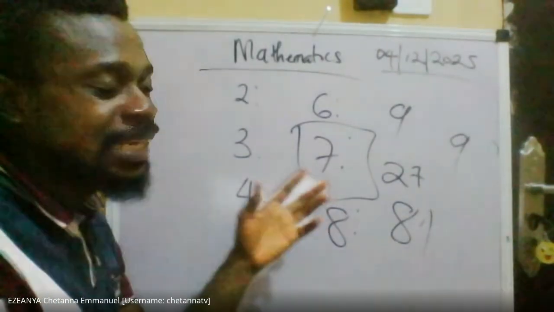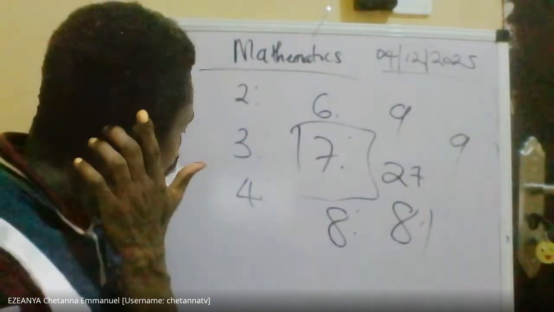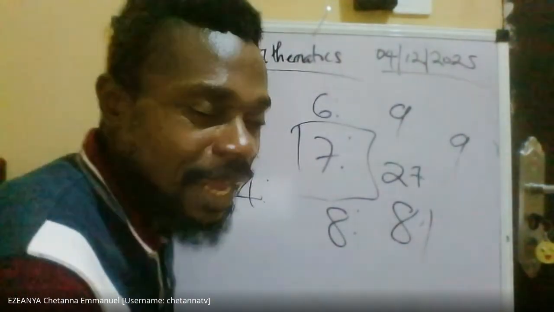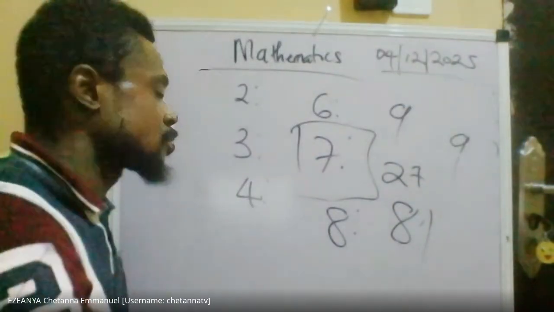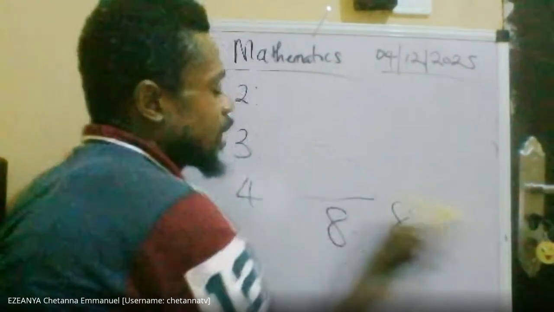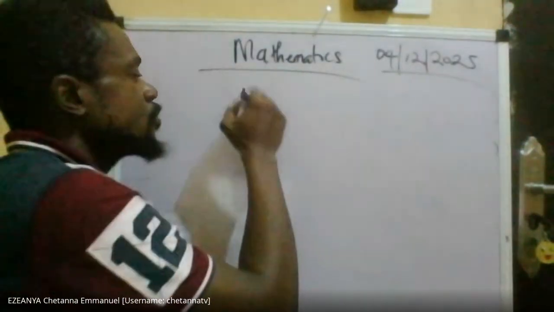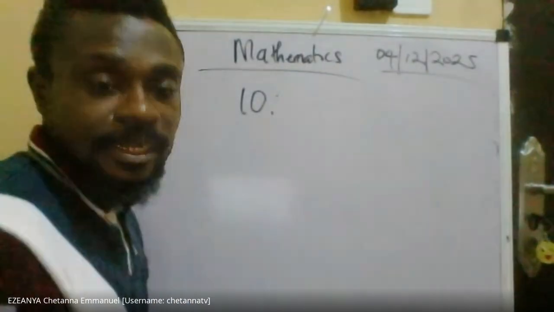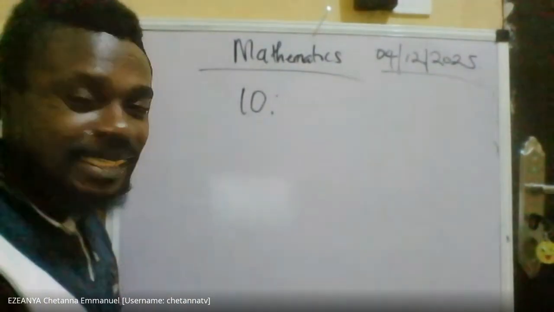So these are the simple tests you can do to test if a number is divisible by another number. Let's look at 10. In fact, 10 is simple.